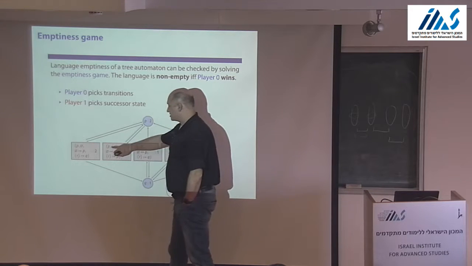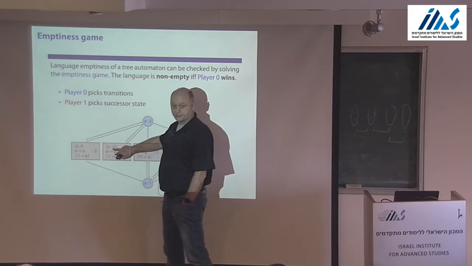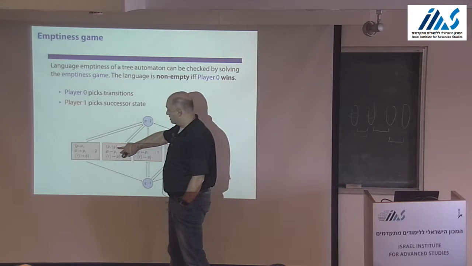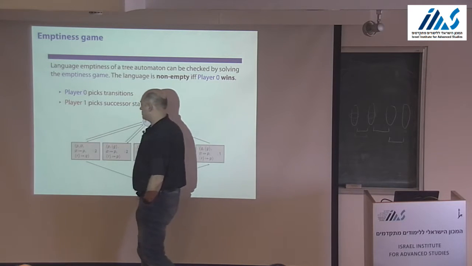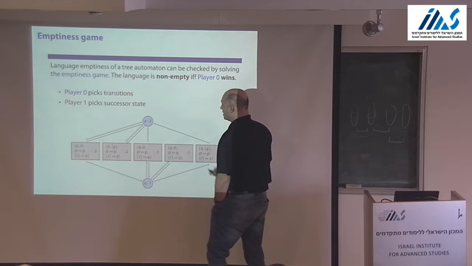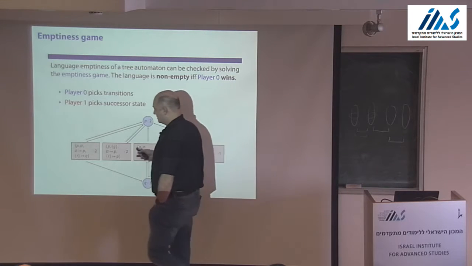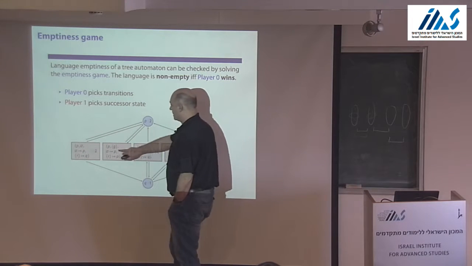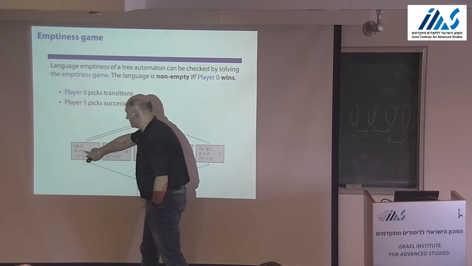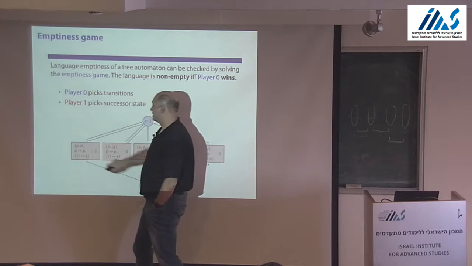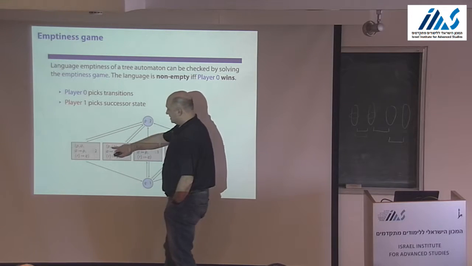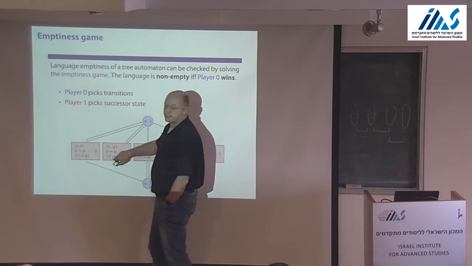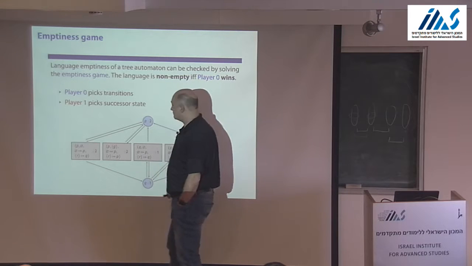And this is the transition that's applicable if the label is the set containing G. So this is the case where the system gives out a grant. This is the situation where it doesn't. And in our tree automaton, we said that in this case, we go to P in both directions. If we have the empty set, we go to P in the empty set direction and to Q in the R direction. And here, where we already give out the grant, we just stay in P in both directions.